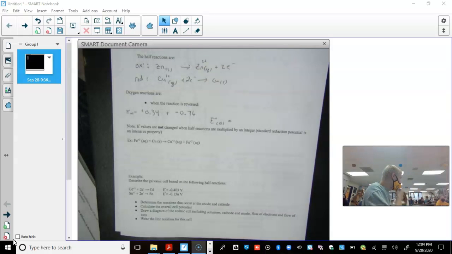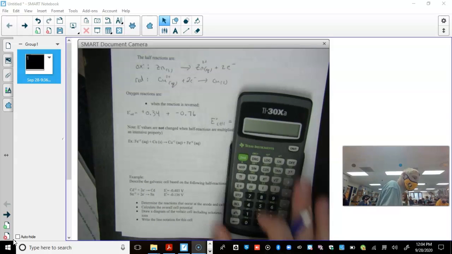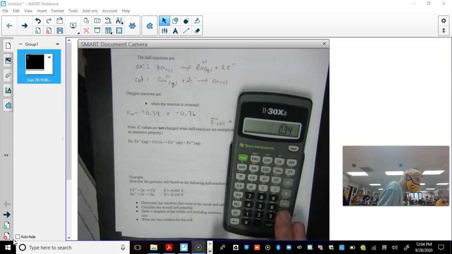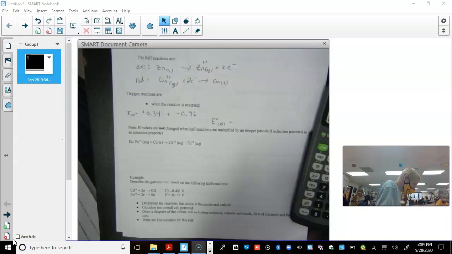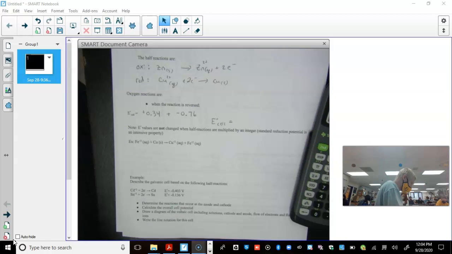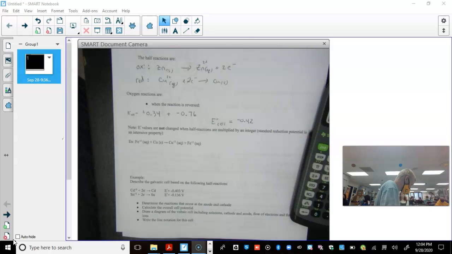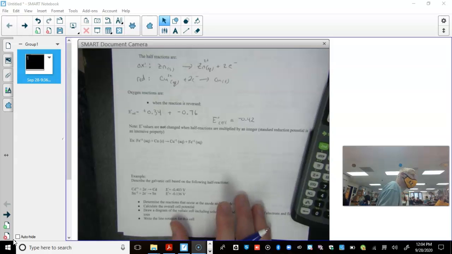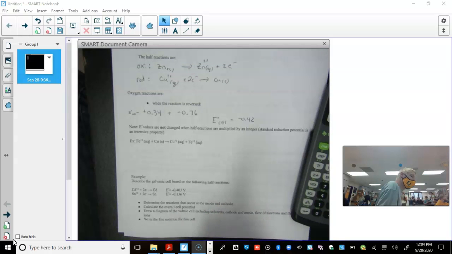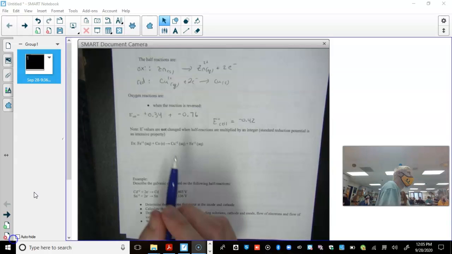So what would our E cell equal? Anybody? Negative 0.42. Yeah, that's absolutely correct.